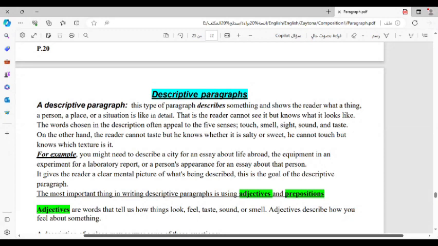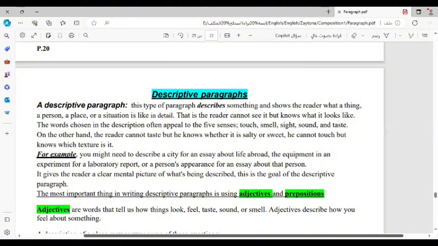So you need to describe it to the reader using some adjectives, some prepositions. For example, if you are describing a place, you need to mention many prepositions. If you are describing your favorite place, which is your village, you need to describe up the hills, down the street, between the trees, okay?